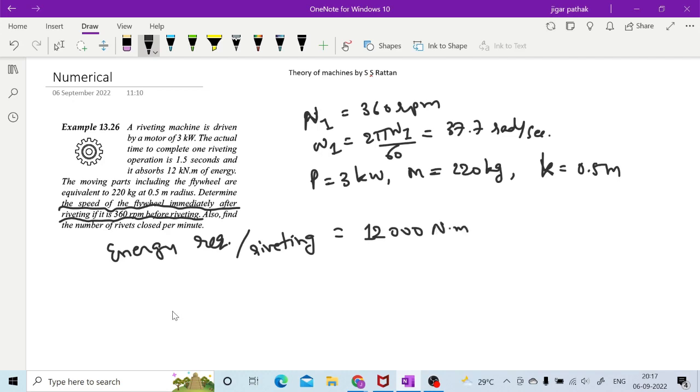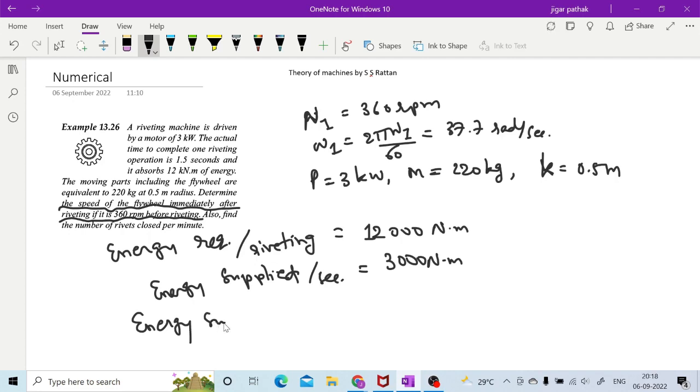The energy supplied per second is also provided, 3 kilowatt, that is 3000 Newton meter per second. Now the energy supplied in 1.5 seconds, because that is the operation, is 3000 into 1.5, equal to 4500 Newton meter.